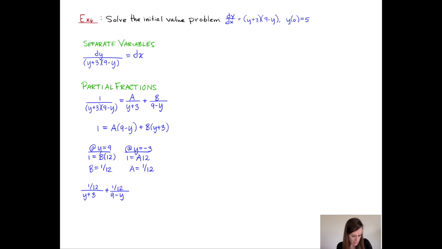And the dy is still on the left-hand side of the equation, and that is equal to dx.